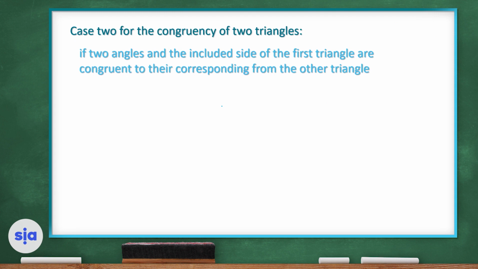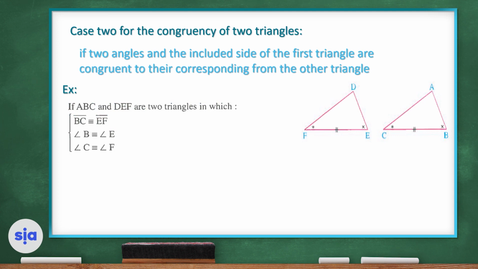Case 2 for the congruency of 2 triangles says, if 2 angles and the included side of the first triangle are congruent to their corresponding from the other triangle, then these 2 triangles are congruent. For example, in these triangles, you will see that angle B is congruent to angle E, and angle F is congruent to angle C, and the sides between them are congruent to each other.